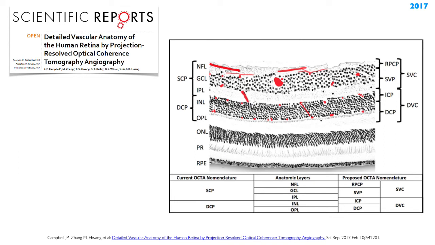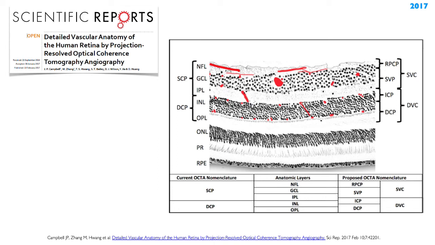At that time, the current OCTA nomenclature was superficial and deep capillary plexus. They proposed to use a different term, like superficial vascular complex and deep vascular complex, called vascular complex because this was the main difference.